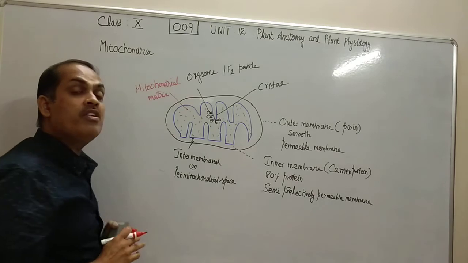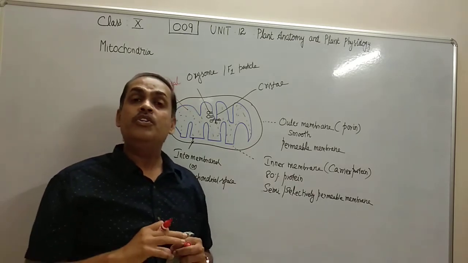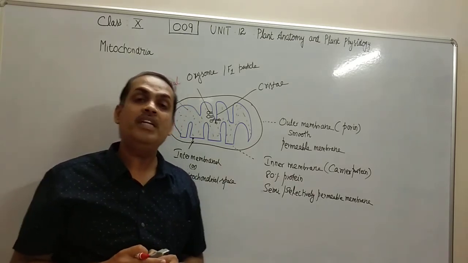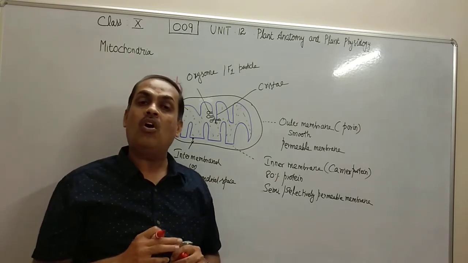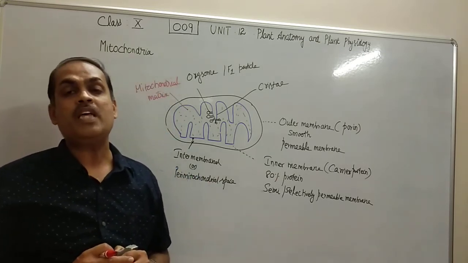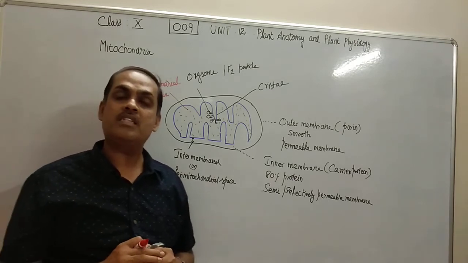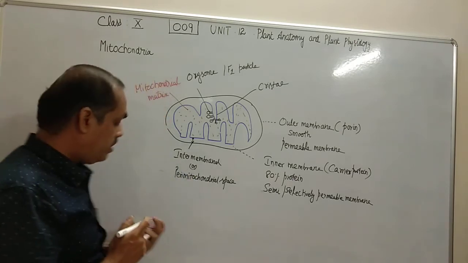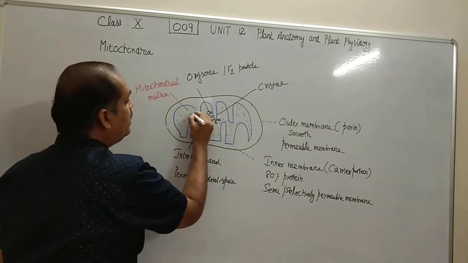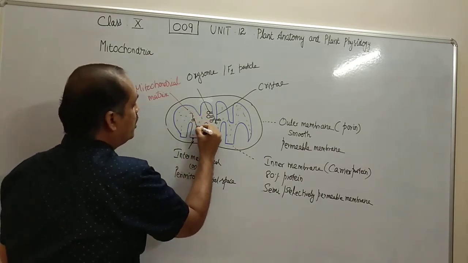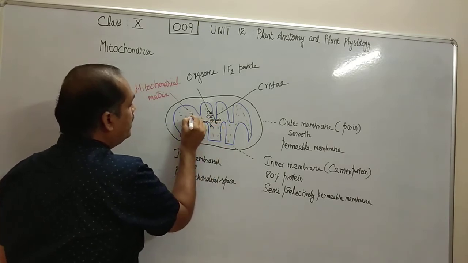This mitochondrial matrix consists of numerous enzymes which play a very important role in cellular respiration. Especially it has all the enzymes for the Krebs cycle, which we will be studying in the next class. And it has circular DNA inside the mitochondrial matrix.